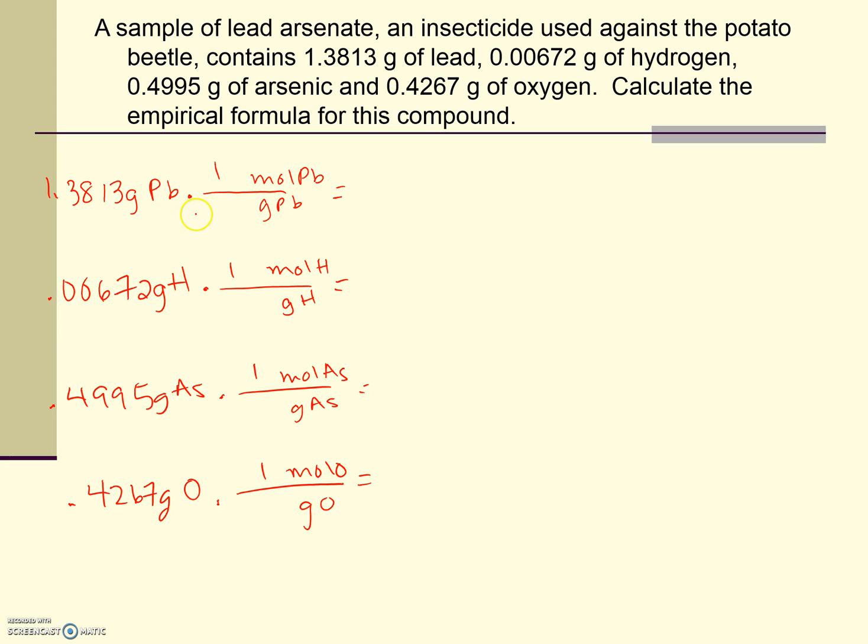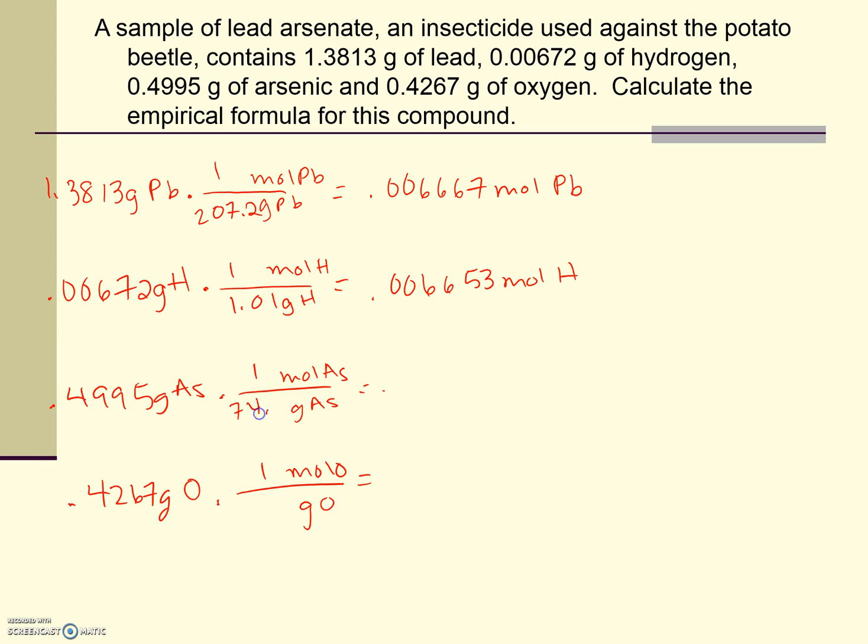My lead is 207.2, and that ends up being 0.00667 moles of Pb. 1.01 ends up being 0.006653 moles of hydrogen. If we round these too much, sometimes it makes our answers a little tricky. We want to make sure we have the right number of significant figures.